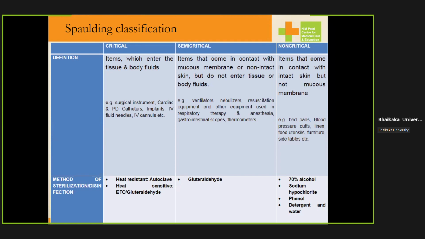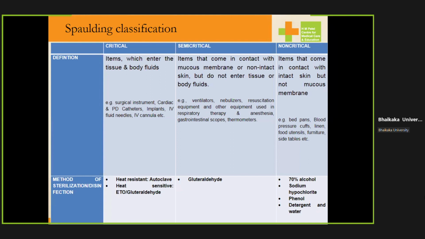The second category is known as semi-critical items. Semi-critical items are those items which come in contact with mucous membrane or non-intact skin, but do not enter into the tissues or body fluids. So mucous membrane, if I am putting something in my mouth, then my mouth contains mucous membrane.